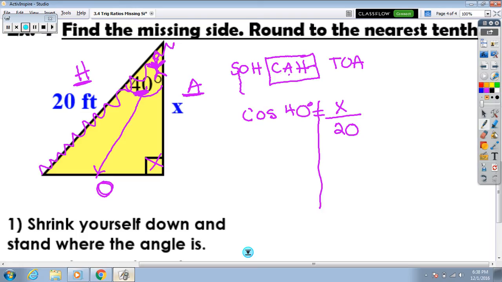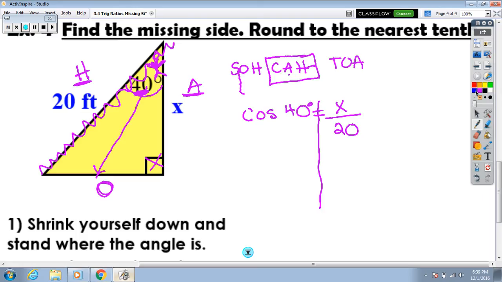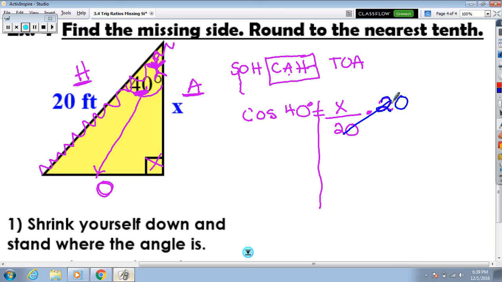So here we go, solving this equation, and we're going to multiply by 20, because we always get rid of the number that's on the bottom of that fraction first. So we multiply by 20 on both sides. Notice I put a 20 on this side and once on this side. So this side is going to give me my answer. 20 times the cosine of 40 degrees equals x, because that's all that's left.